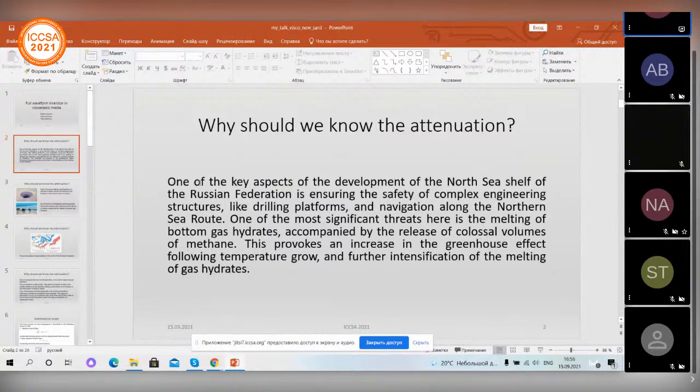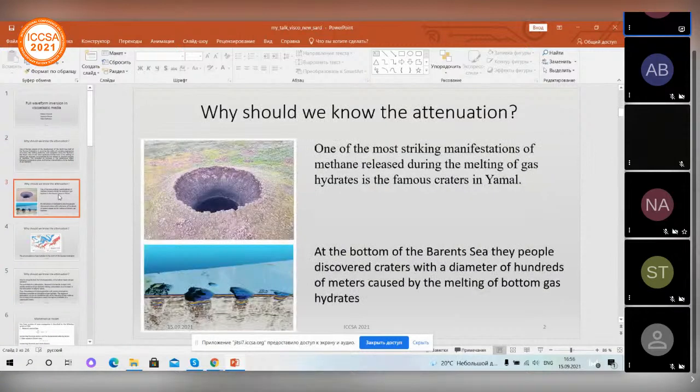Why is it so important? It's especially important for the North Sea shelf of the Russian Federation, because of global warming, there is an increase of the temperature of the Arctic shelf, both for the land part and the sea part of the Arctic shelf, and this leads to the melting of the gas hydrate.